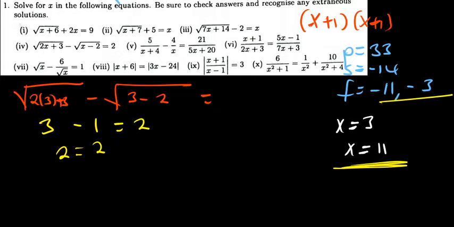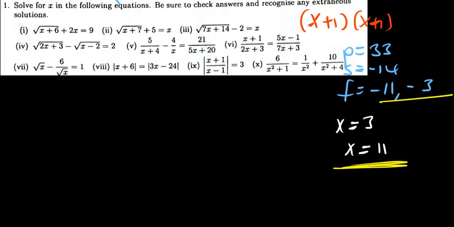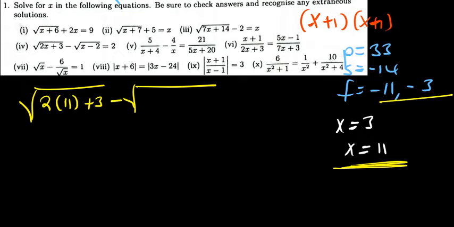From there, we try again 11. The square root of 2 times 11 plus 3 minus the square root of x, which is 11 minus 2. Is it going to give us 2? Let's see.